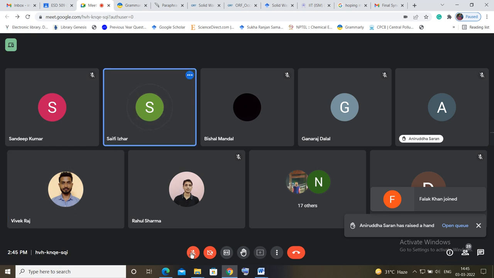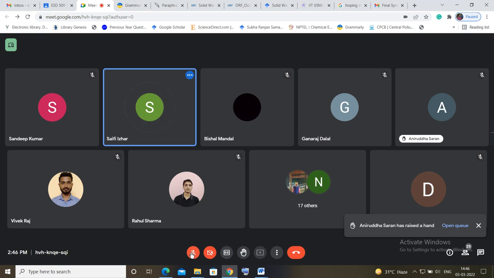Why? Coarser particle. What do you mean by coarser particle? What size are you approximating for coarser particle? When I ask for coarser particle, what is the size range that you are perceiving in your mind for coarser particle?